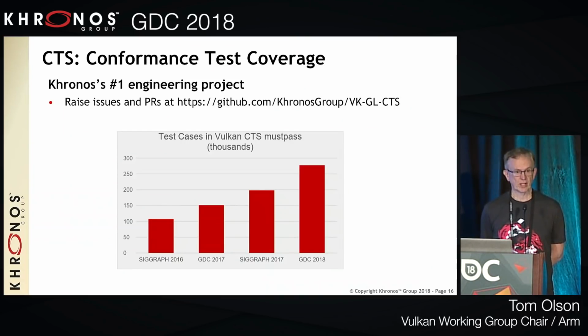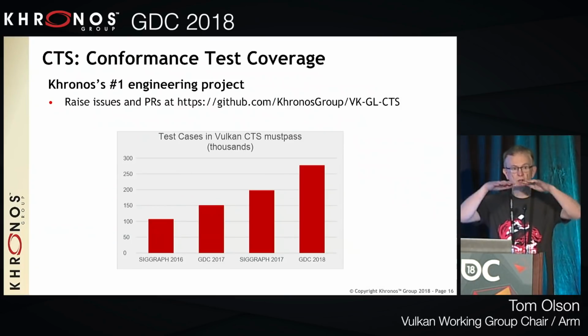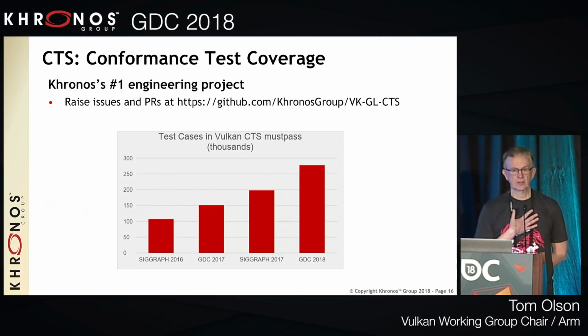Khronos invests very heavily. It's our largest single engineering project inside the organization across all of the APIs that Khronos works on. And I believe that we're doing less than half of it. Our member companies, Google, Valve, the IHVs, et cetera, I believe are investing even more than Khronos is.